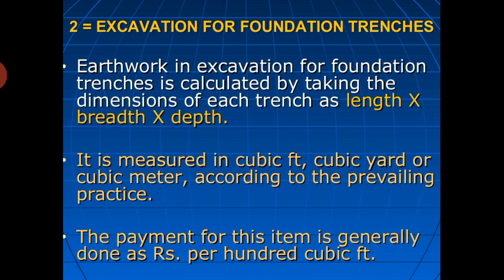Next, excavation for foundation trenches. Normally it has to be done in cubic meters, that is cubic feet or cubic yard. Normally they take per cubic meter what will be the cost. For JCB, for trenches, or if you want to remove soil by excavation, normally it can be calculated in our field per hour of JCB.